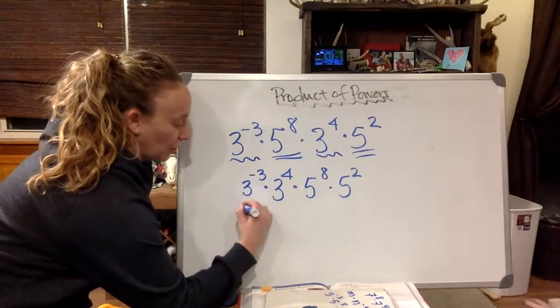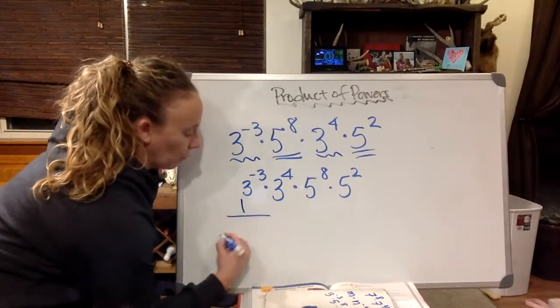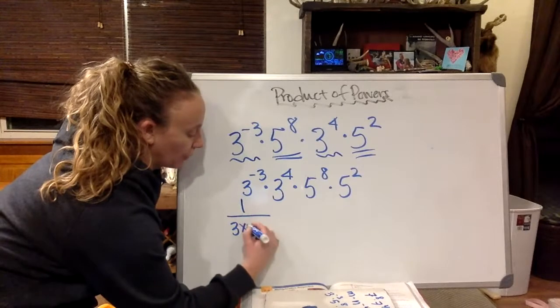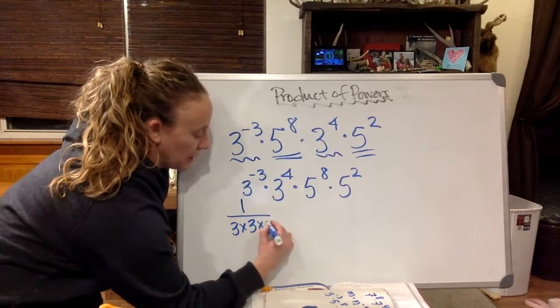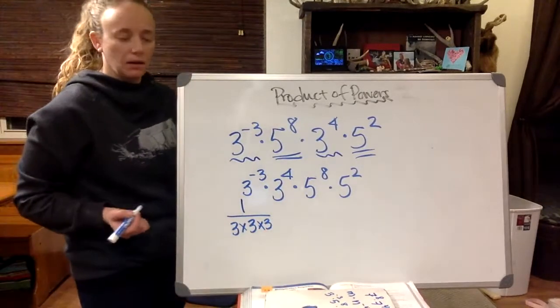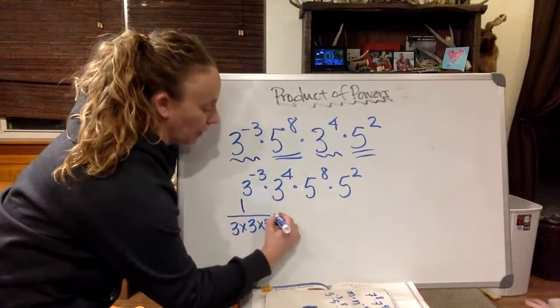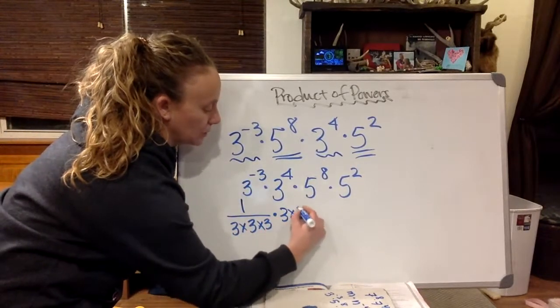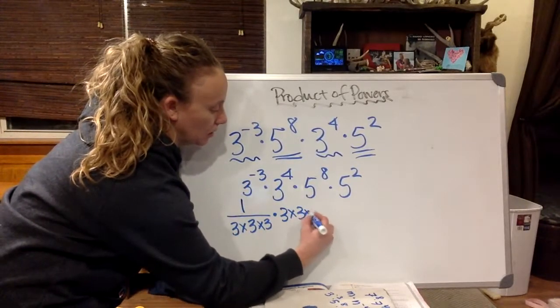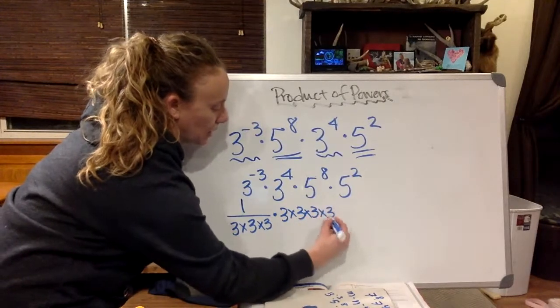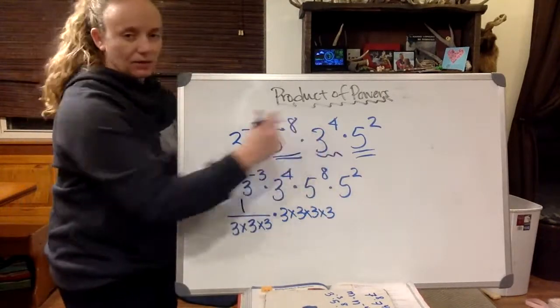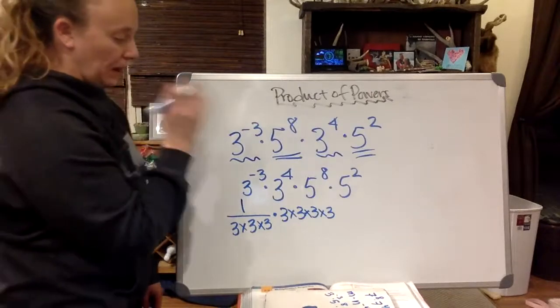3 to the negative third is essentially 1 over 3 times 3 times 3, just like that. 3 to the fourth power is 3 times 3 times 3 times 3. And I still have this 5 to the 8th, 5 to the 2nd. I'm not going to pay attention to that right now.